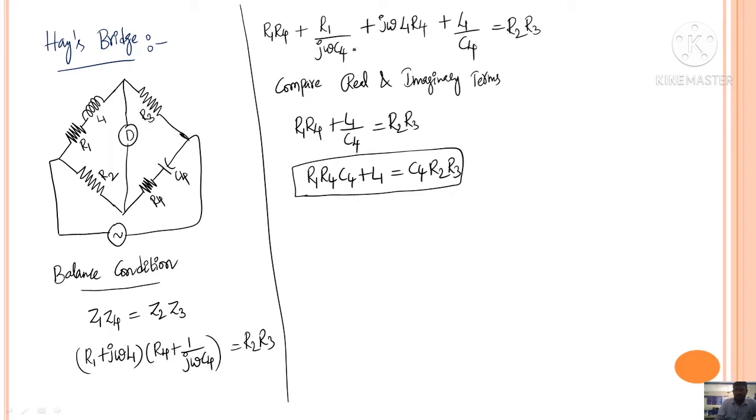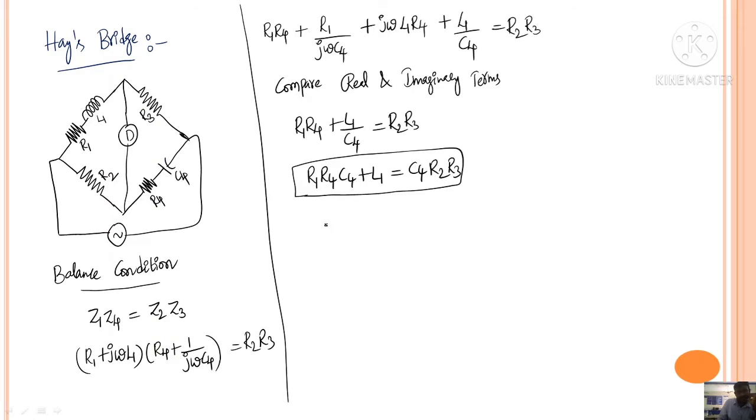Then comparing the imaginary terms. Here you don't have an imaginary term on the right, so it is 0, and here you will have the imaginary term.